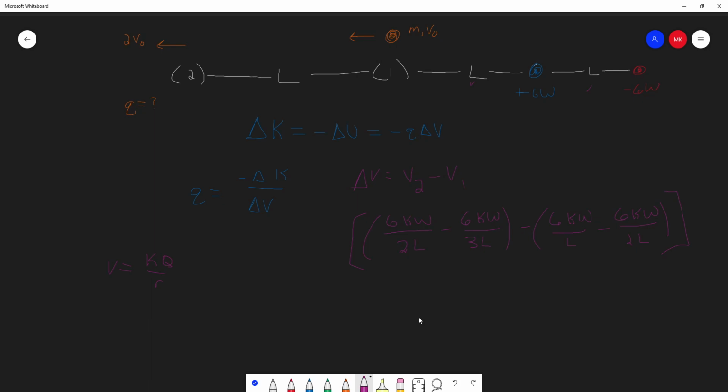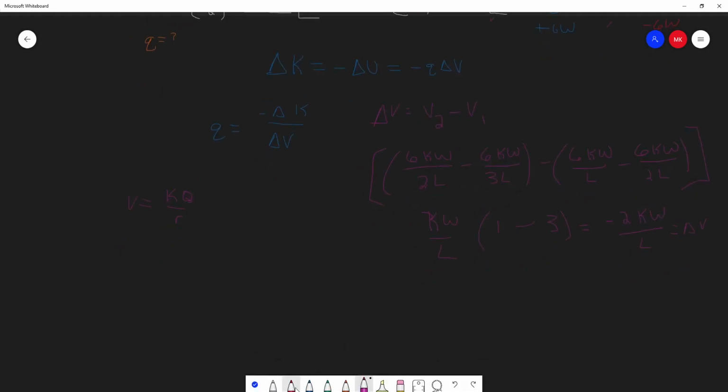And then simplifying this, let's see, I'm going to pull out the kW over L. We have 3 minus 2 is 1. Minus 6 minus 3 is 3. So we get negative 2 kW over L equals delta V. Awesome.